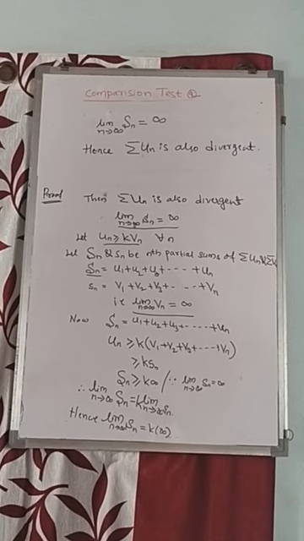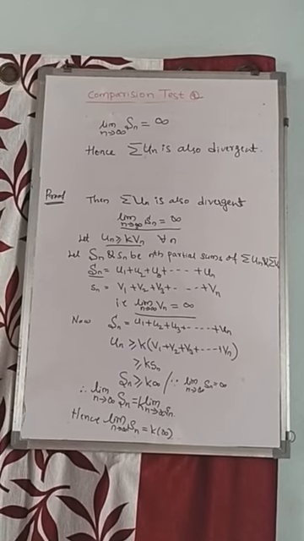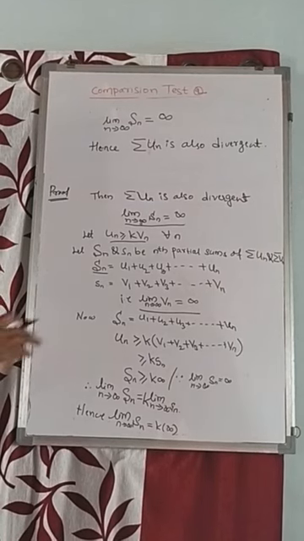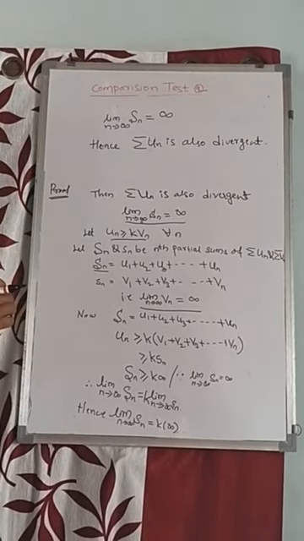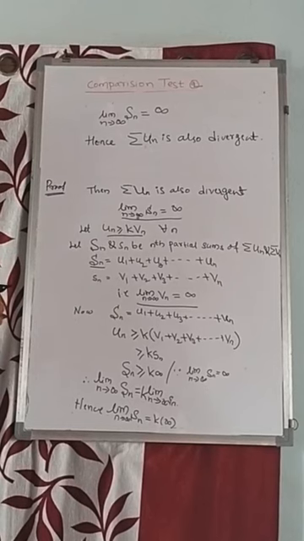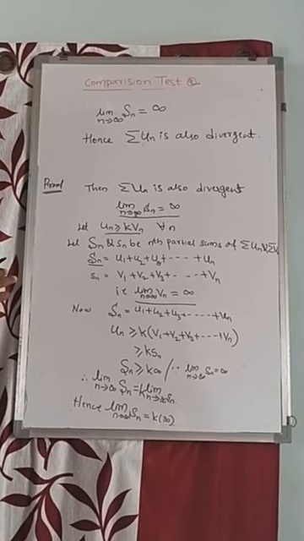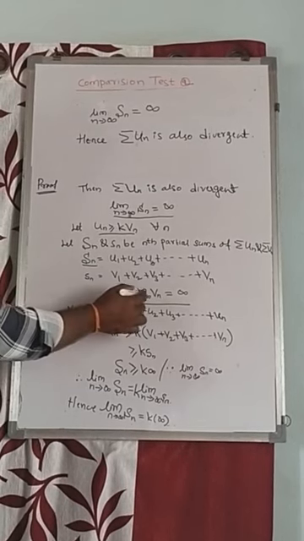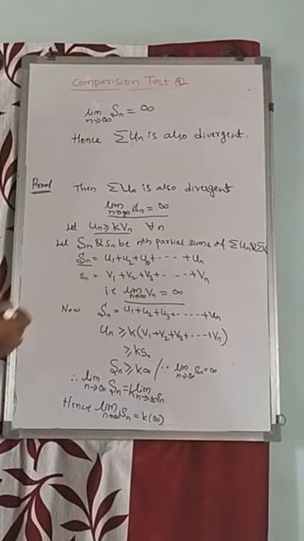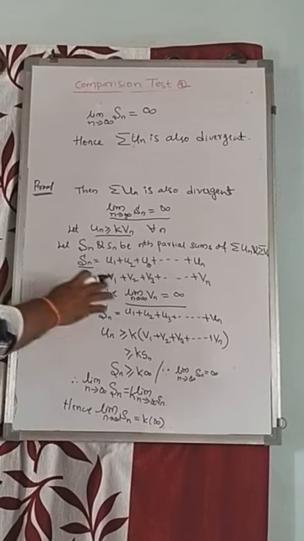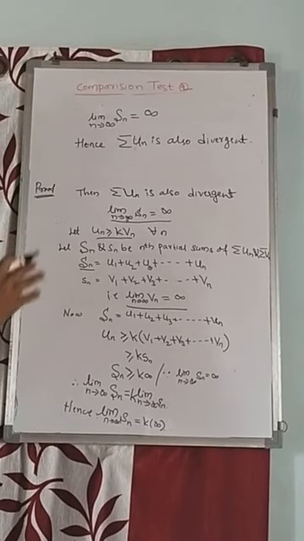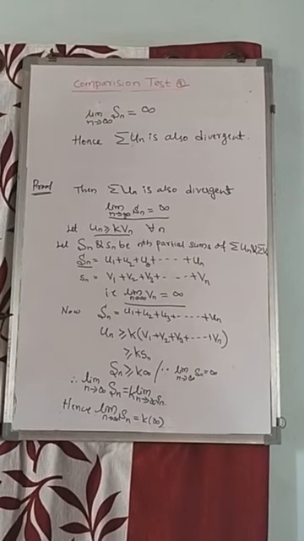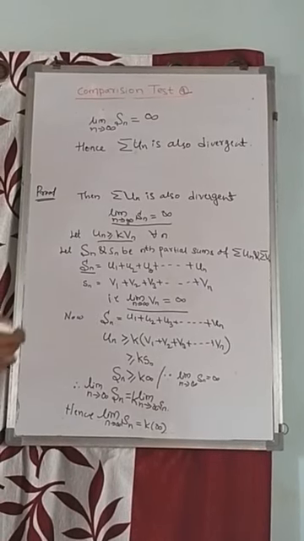Capital Sn is u1 plus u2 plus u3 so on un. Small sn is v1 plus v2 plus v3 so on vn, the nth partial sums of capital Sn and small sn. That is, limit n tends to infinity vn is infinite, because vn is divergent, as already given in the statement.